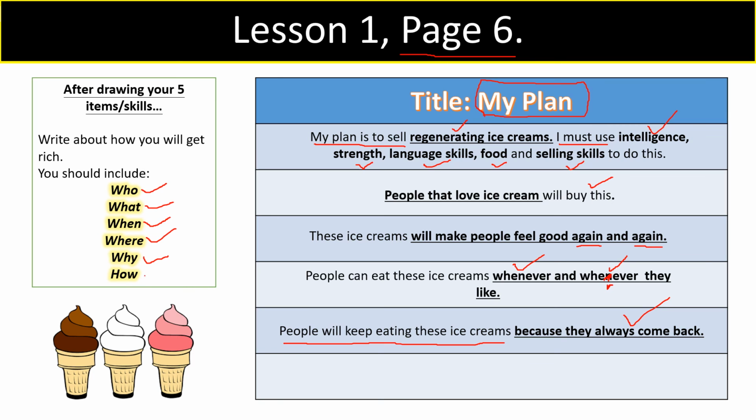The final thing I'm going to answer today is how. Okay? How will this make me rich? Well, if people buy ice creams that keep coming back again and again and again, they will be very happy. So because people like to be happy, they will buy my product.